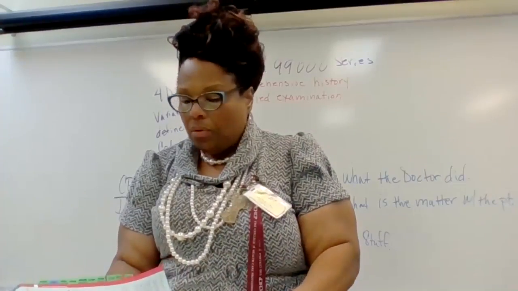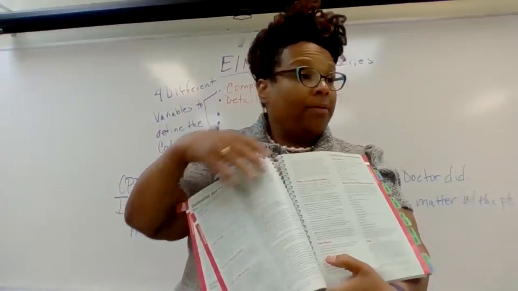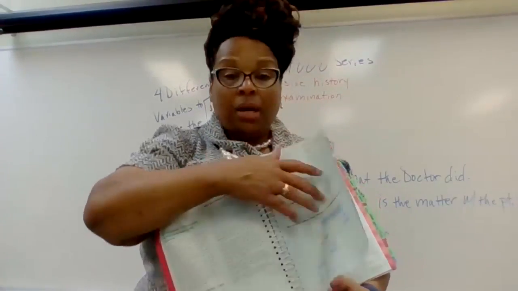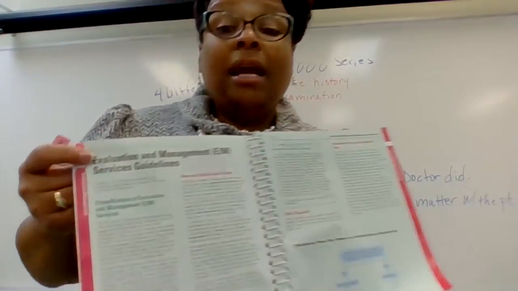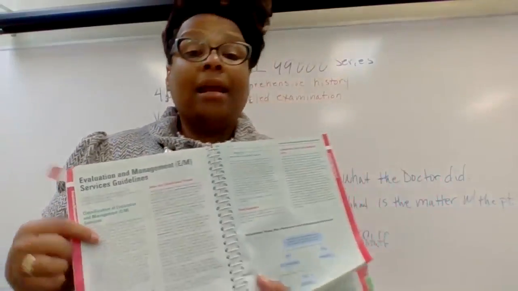Now, starting with this, you're going to read all your coding guidelines. You got to read all your coding guidelines in here. Every section of a CPT book, I said it before, has its coding guidelines. Do you see that? Evaluation and Management Services guidelines. Read your guidelines.